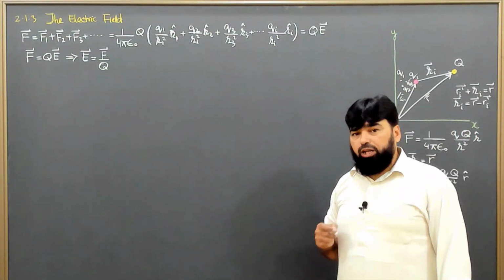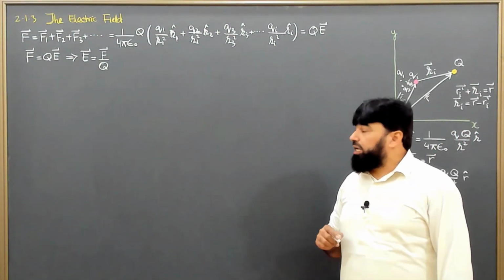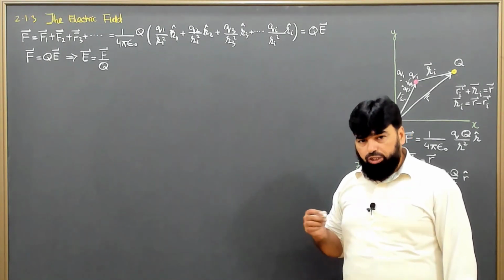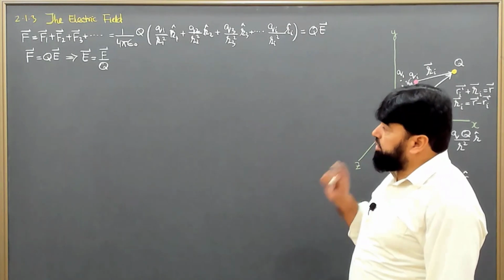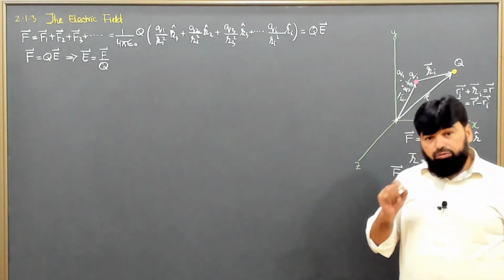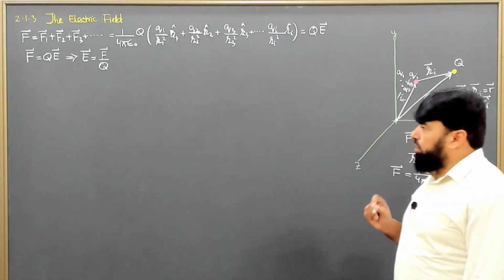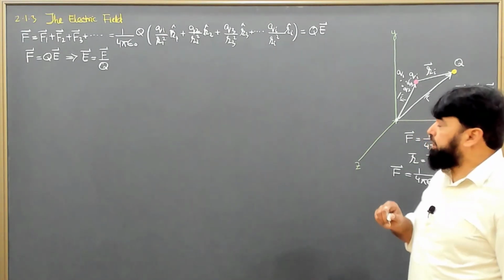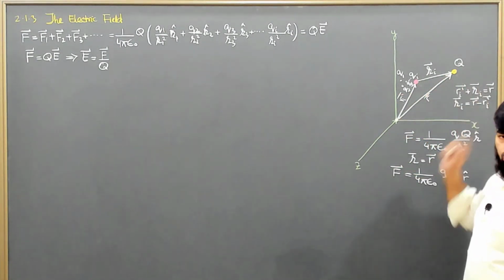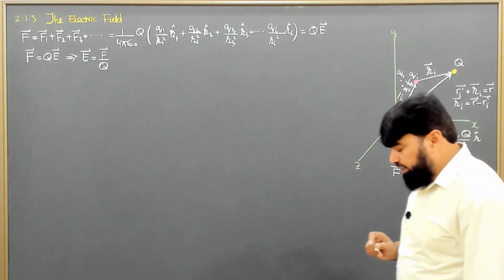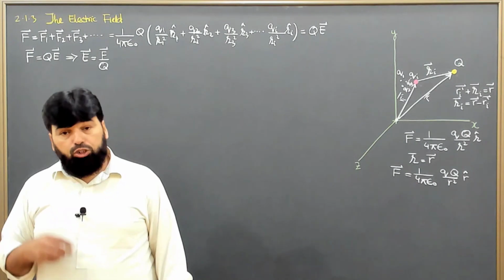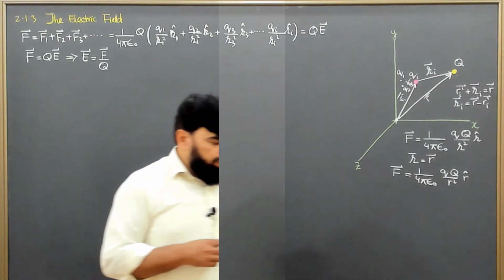And I will explain to you what the unit means. But let's first understand why we need this electric field. When we have the Coulombic interaction, when we have the force between the two charges, then why do we need to define the electric field? What's the role of the electric field?